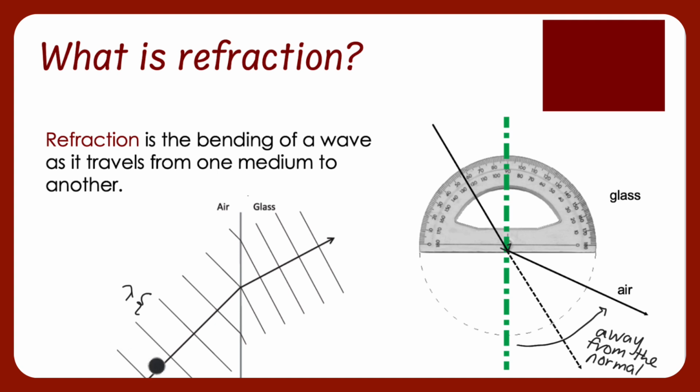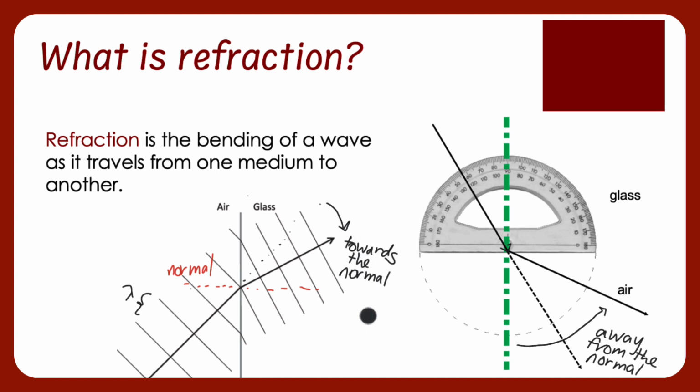Now, as these waves are coming towards the boundary, we can see that we have a change in direction. Now, in this case, if it had gone straight forward, it would have been here. The normal, which is always perpendicular to the surface, would be here. And now, in this case, my wavefront has bent towards the normal.